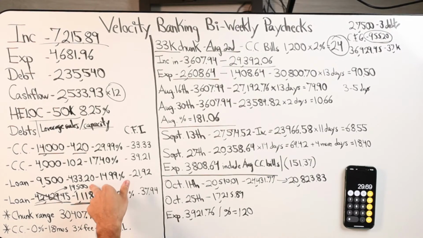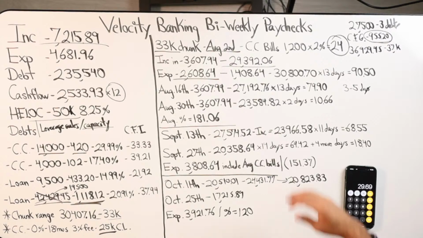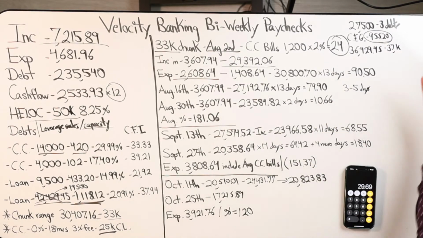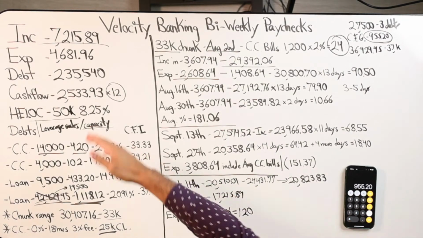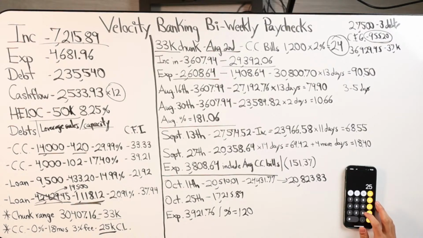If the balance is 19.5 in October, that's overestimated, and we already have an increased cash flow of 955.20 guaranteed. Let's look at it. 955.20 plus pre-existing cash flow to begin with, 2,533.93. We're now at 34,891.13 times 12 is 41,869.56.